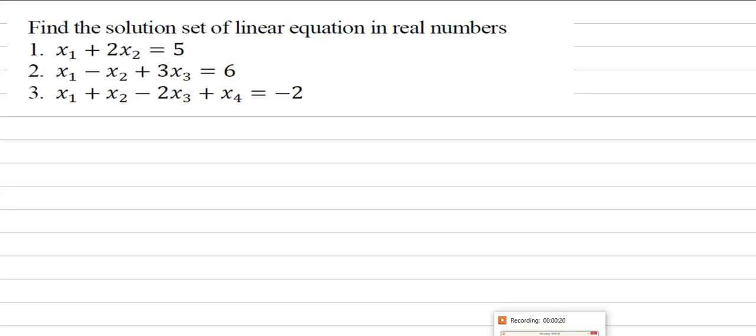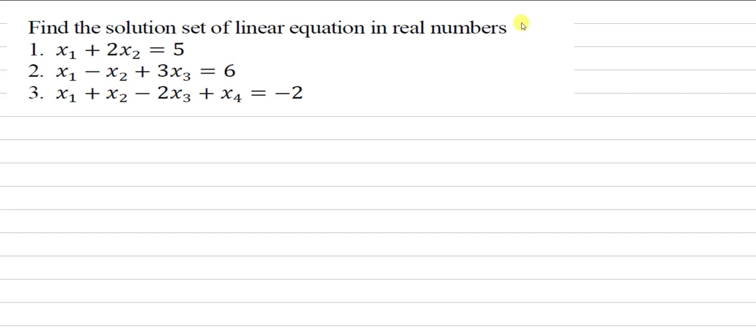The first video discussed in general the definition and the properties of linear equations and systems of linear equations. But this time I talk about how to solve linear equations in real numbers.